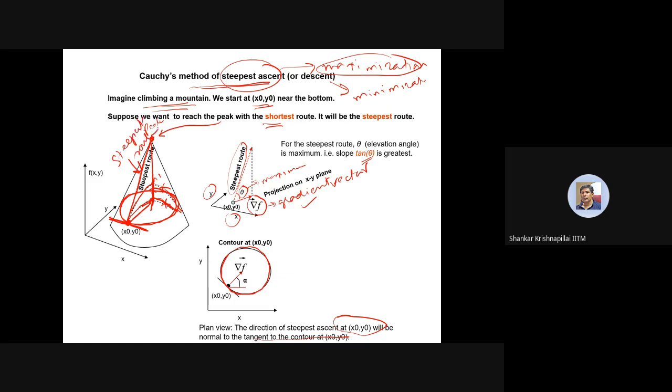Basically you draw the contour at x0, y0, which is your starting point, you draw the tangent to the contour at x0, y0, and you draw the normal to that tangent, so that will give del F. That's the gradient vector. And alpha is the angle made by del F with the x-axis. So this is the graphical method.